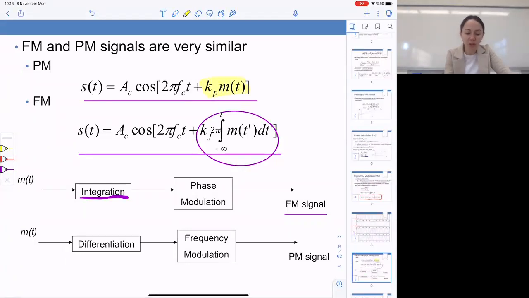So essentially, after integration, we're putting the integrated message into a phase modulator to obtain the FM signal. So we can obtain FM by putting not the message, but its integral into the phase modulator. Similarly, we can obtain a PM signal by putting the derivative of the message into a frequency modulator.